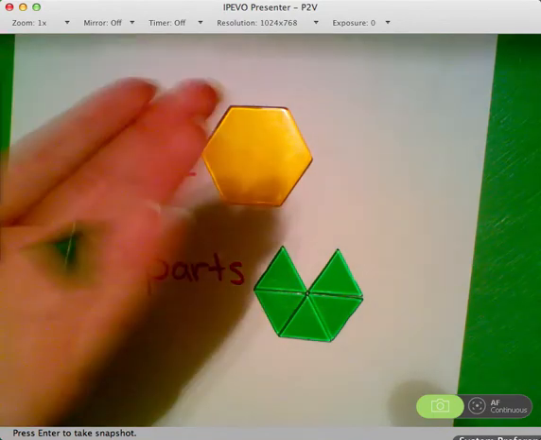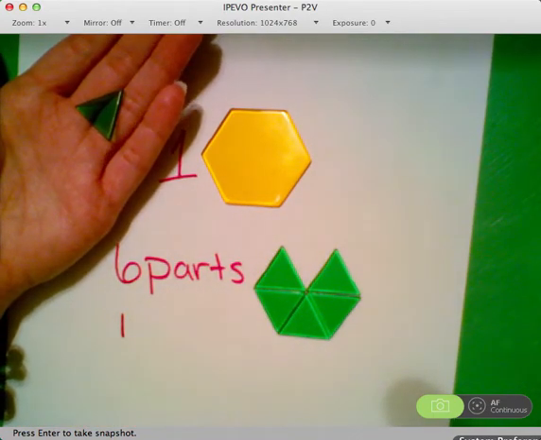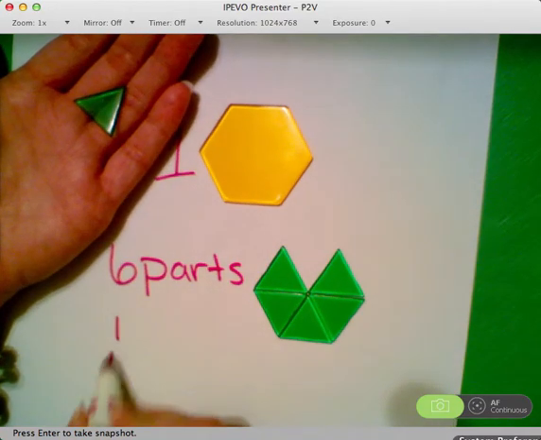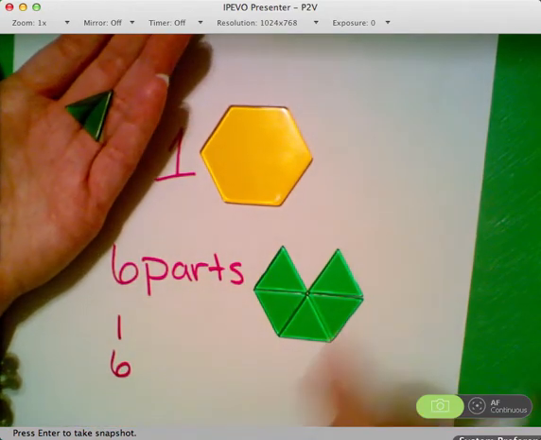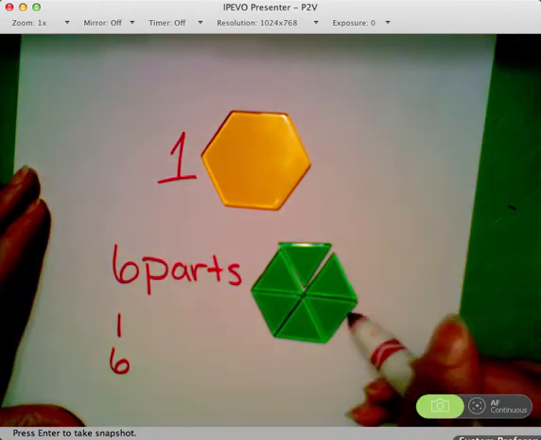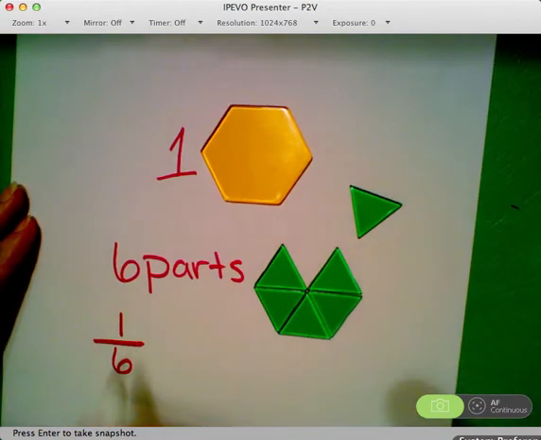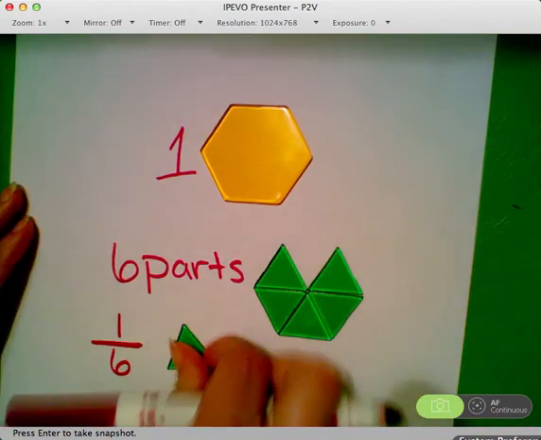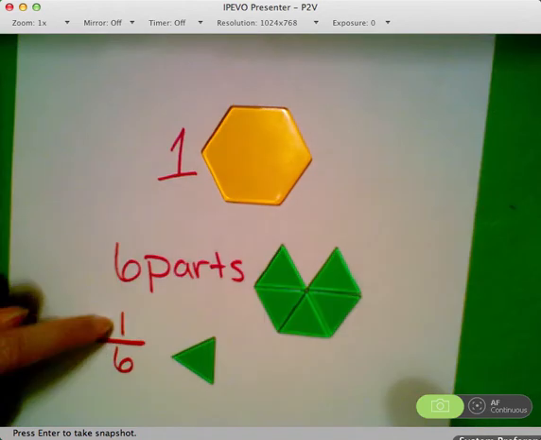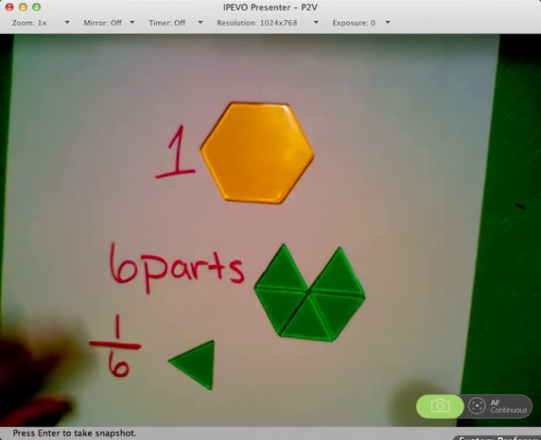I know I have one piece of a hexagon. And I know that there are 6 total pieces. Remember? I slide that in, that would make a whole hexagon, and there were 6 parts of it. This one little piece is 1/6 of a hexagon.